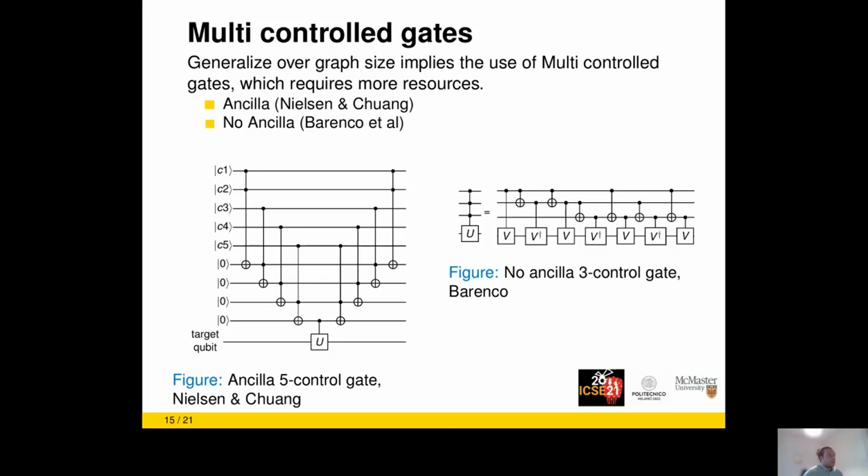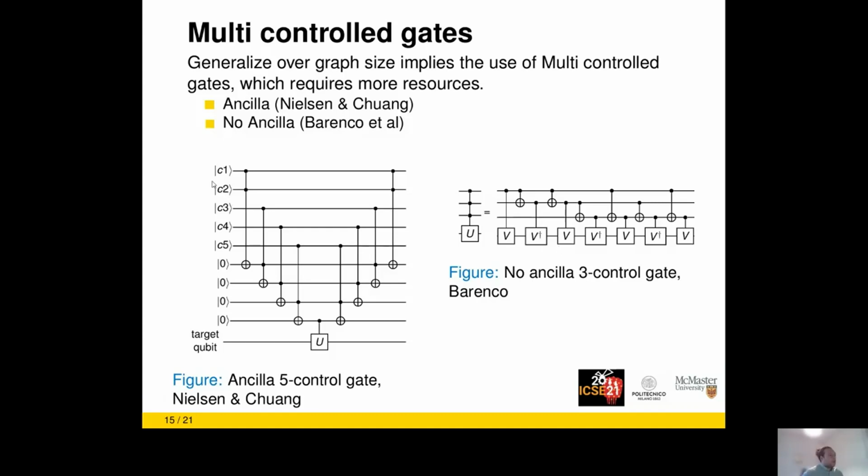Here we reported two examples from two approaches from literature: the one of Nielsen and Chuang on the left, and the one of Barenco on the right. They basically express how to construct multi-controlled Toffoli gates with more than two controls.